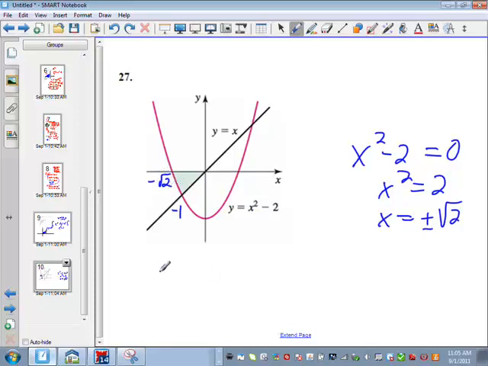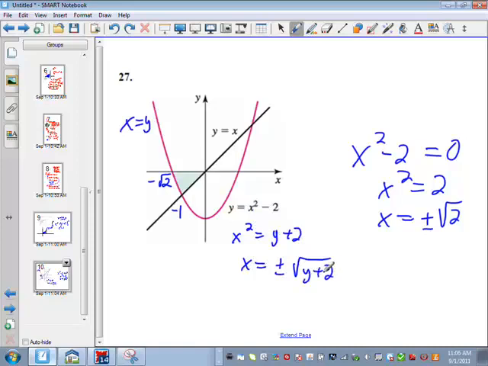And so now we need to switch the letters. Instead of having y equals x, it's x equals y, and then here it's x squared is equal to y plus 2, and then x is equal to plus or minus the square root of y plus 2.